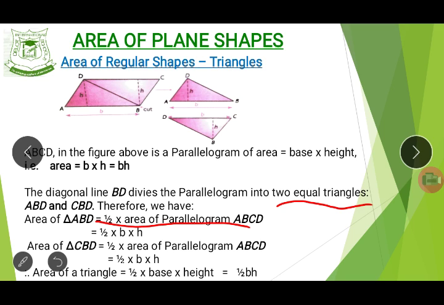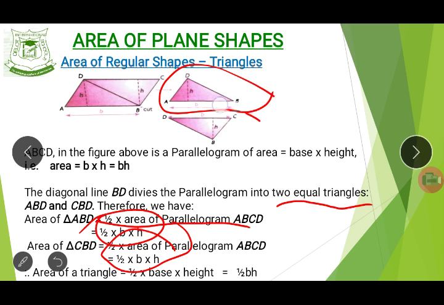So for the first one, it is half times the base times the height, because the area of a parallelogram is base times height. So when you do half times it, you have half times base times height. The same thing happens for the second triangle as well. That is how we got the area of a triangle.